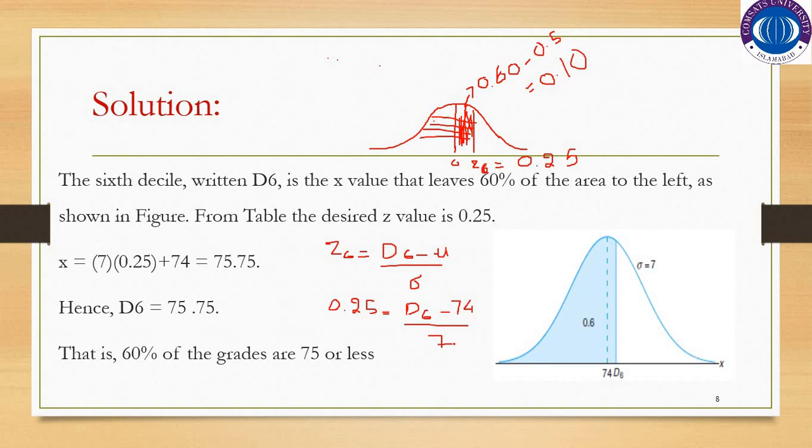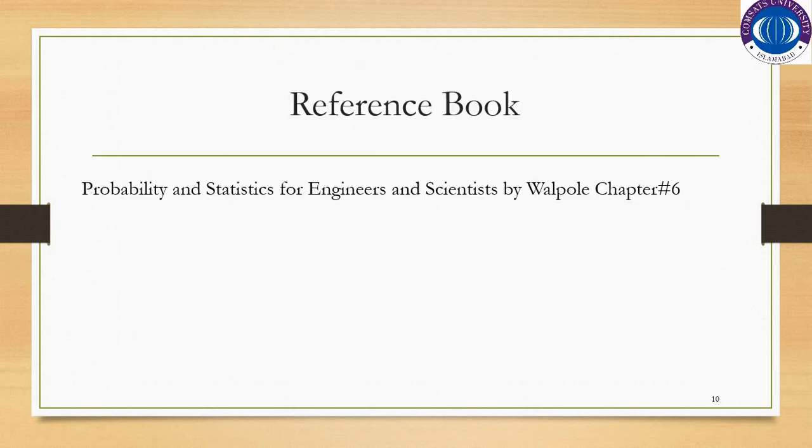By simplifying this, you will get D6 is equal to 75.75. That is, 60% of the grades are 75 or less. So this is the way to find D6.